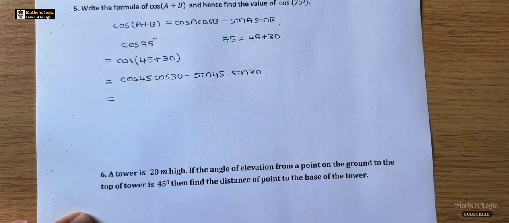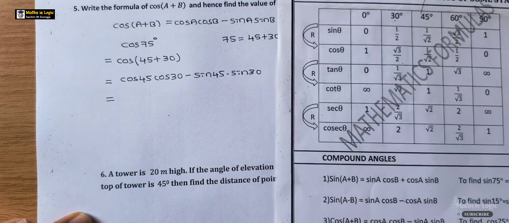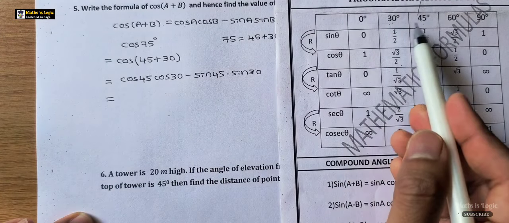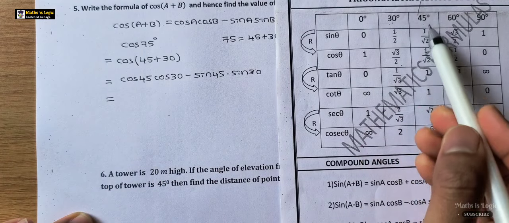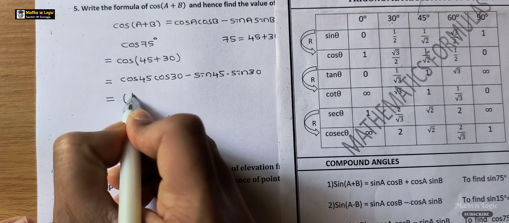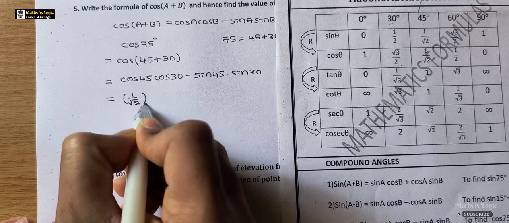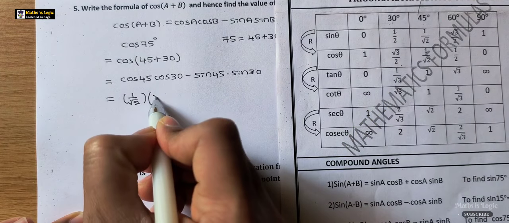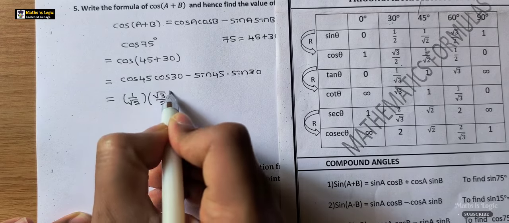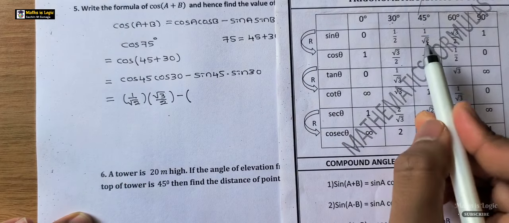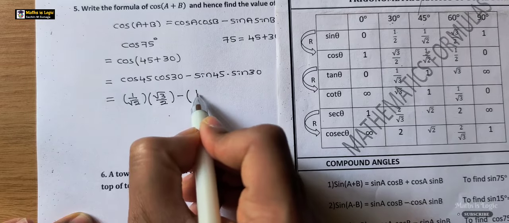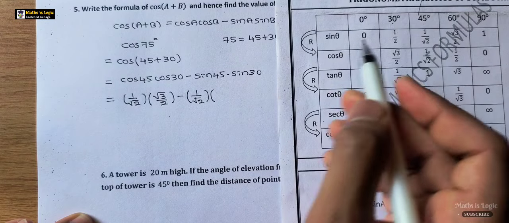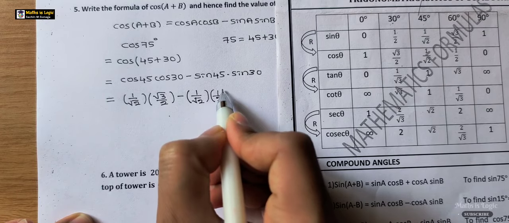Next, see the trigonometric table and apply the values. So cos 75: cos 45 degrees is 1 by root 2, 1 divided by root 2, into cos 30 degrees, which is root 3 by 2, root 3 divided by 2, minus sin 45, 1 by root 2, 1 divided by root 2, and sin 30 degree is 1 by 2, 1 divided by 2.